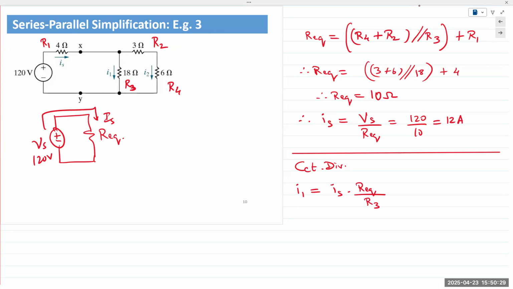Okay, let me explain right here with a simple illustration. Current Is is coming in, splits into I1 and splits into I2, right? Did that make sense?